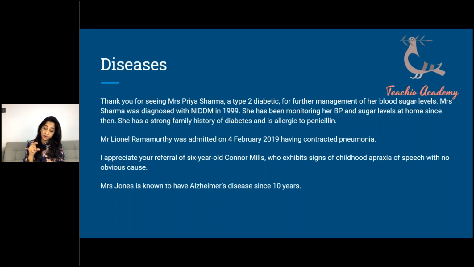So because it's a proper name, then that's going to start with a capital letter. An example of this is Mrs. Jones is known to have Alzheimer's disease since 10 years. So because it's a proper name for a disease, that's why the A has to be a capital here.